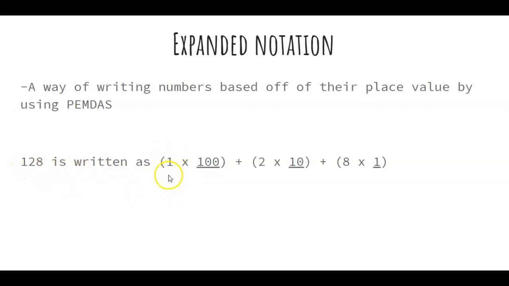Then I write the place value. So the 1 is in the hundreds spot. The 2 is in the tens spot. The 8 is in the ones spot. So then 1 times 100 is 100, 2 times 10 is 20, and 8 times 1 is 8. So if I put them together, I get 128.